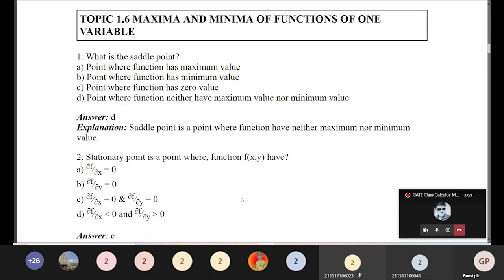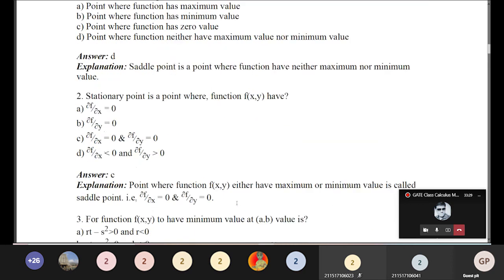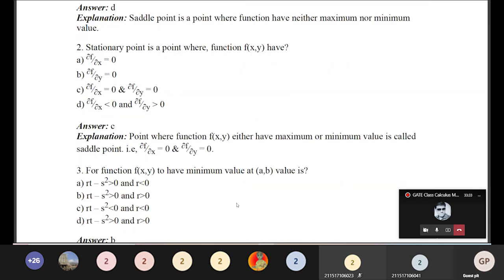Okay, now coming to stationary point. In the last class I told you we have to find, if the given function is f, dou f by dou x equal to 0 and dou f by dou y equal to 0. If you solve, you will get the stationary point.